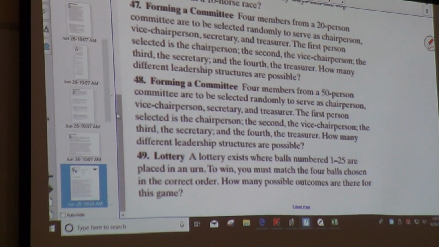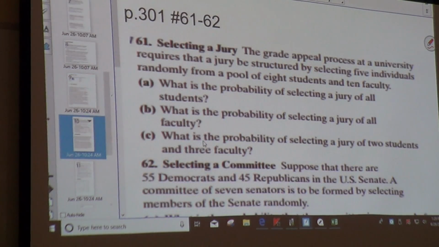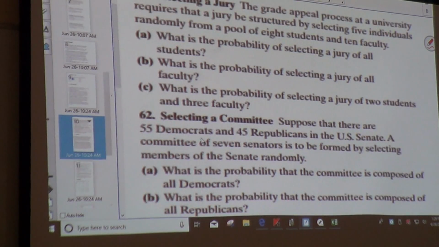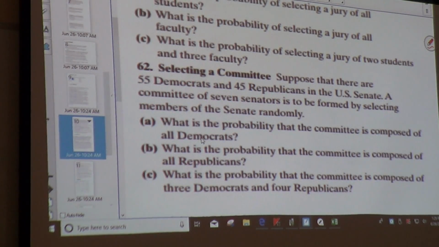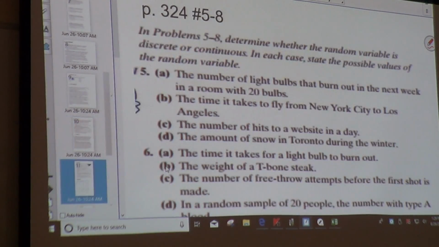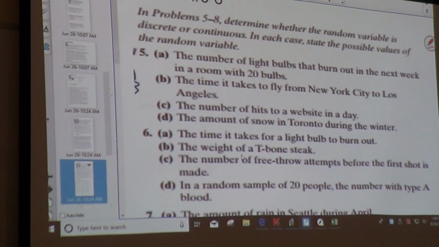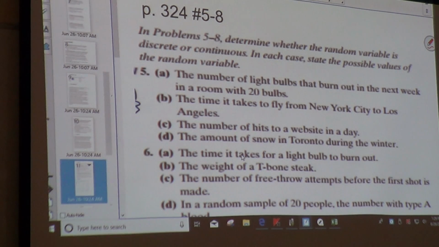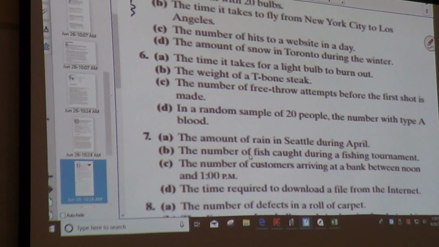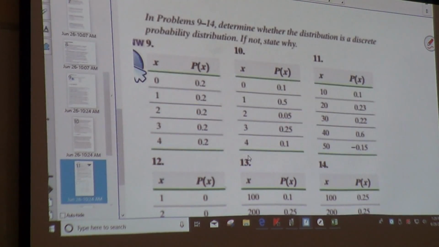Okay? So you're not going to want to study them in order. I did them in order just because I was going by the review sheet. Something like these, tell me if it's discrete or continuous, you're probably not going to have trouble with those. So I have some easy ones in there, and then I have some hard ones in there. This is probably not going to be hard for you.